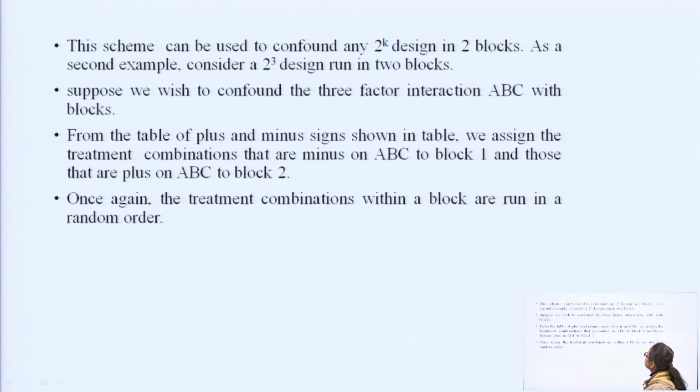This is a scheme used to confound any 2^k factorial design. From the table of plus and minus signs, we assign the treatment combinations that are minus on ABC to block 1 and those that are plus on ABC to block 2.